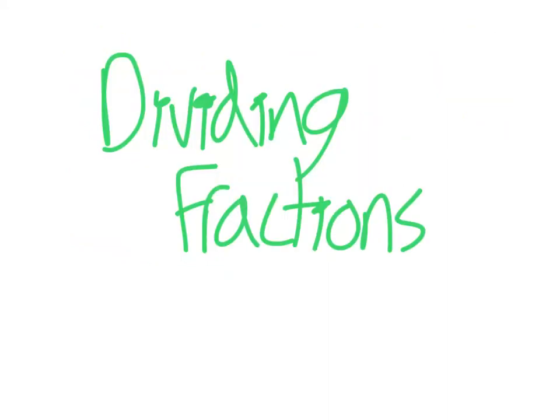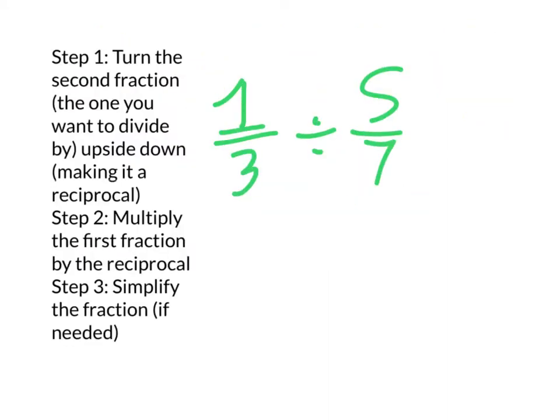Now let's talk about dividing fractions. With dividing fractions, you're going to first want to turn the second fraction, the one you want to divide by, so the 5/7 here, upside down, making it a reciprocal. So this becomes 1/3 and 7/5.